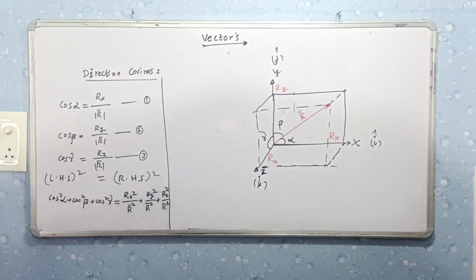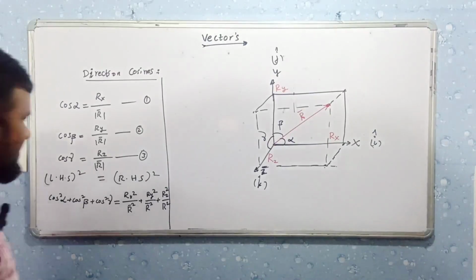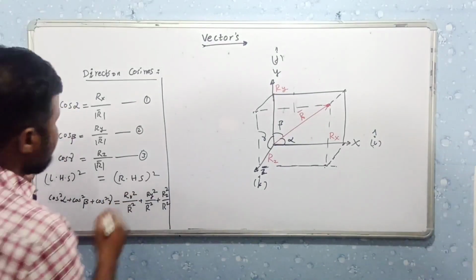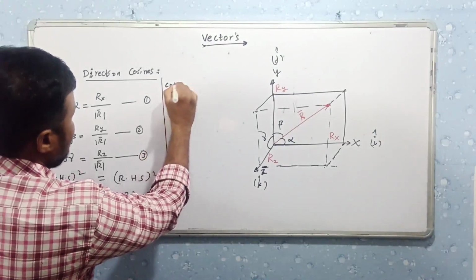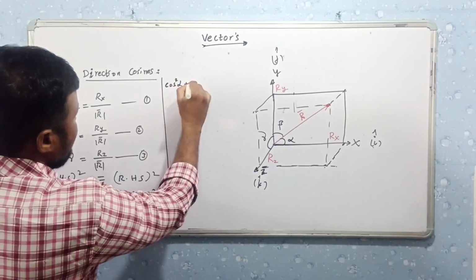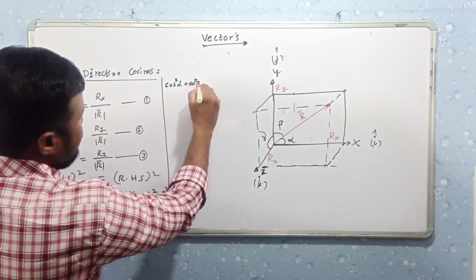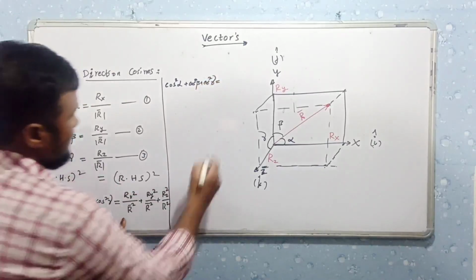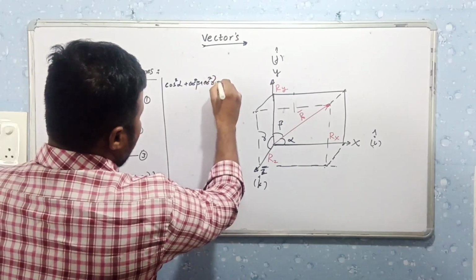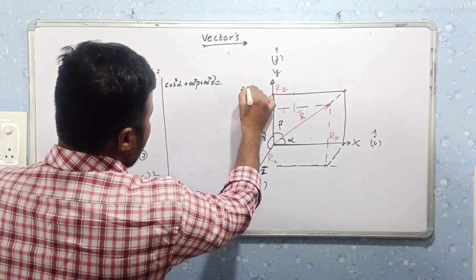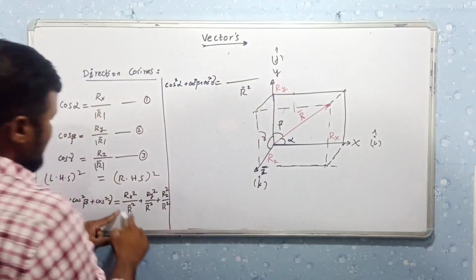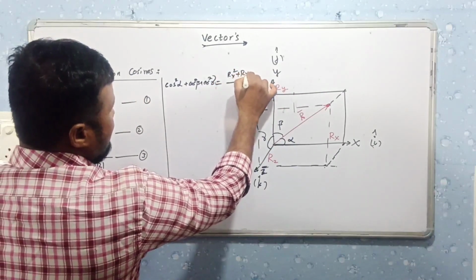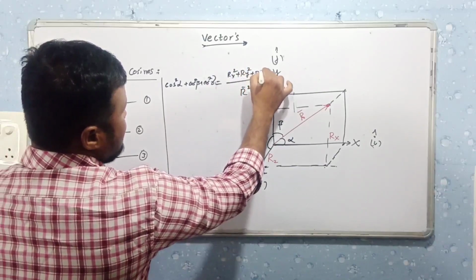Do one thing. Take LCM on the right hand side. Now it becomes cos square alpha plus cos square beta plus cos square gamma equal to, LCM is R mod square, so we will get Rx square plus Ry square plus Rz square.